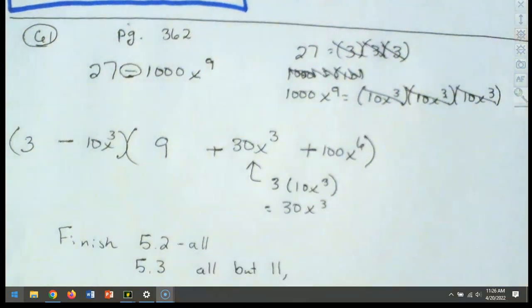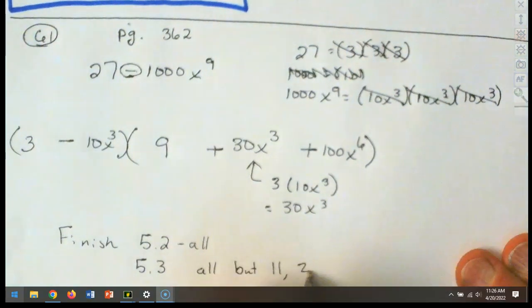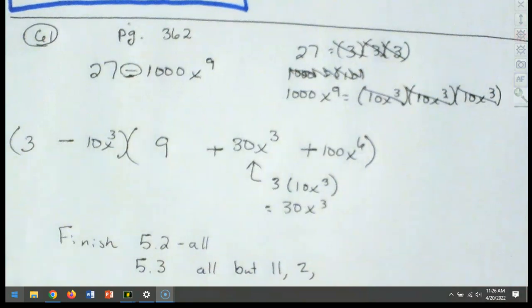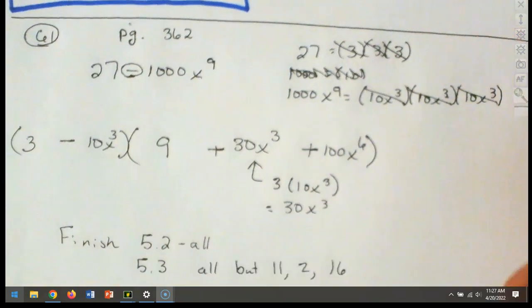You can't do 11 yet. Question 2, we'll learn about that one next time. And also 16. So you can do them all but 2, 11, and 16, it looks like, because those we'll talk about next time.